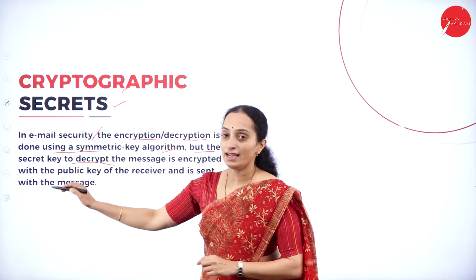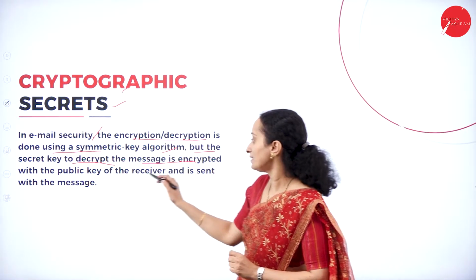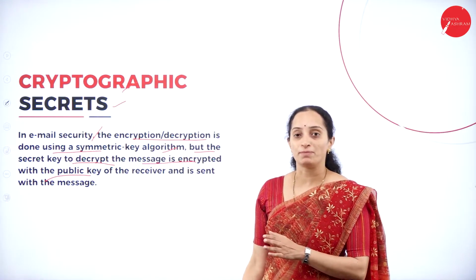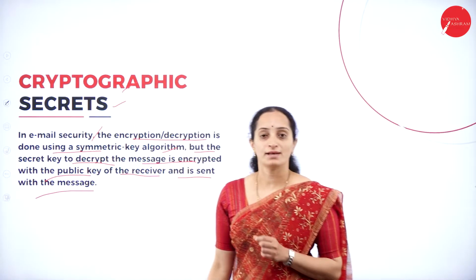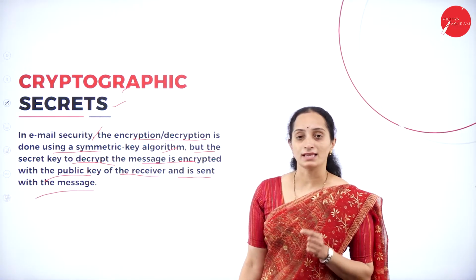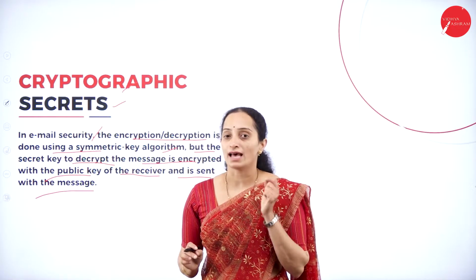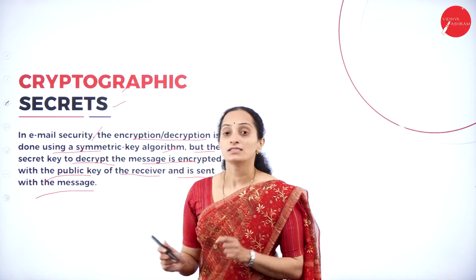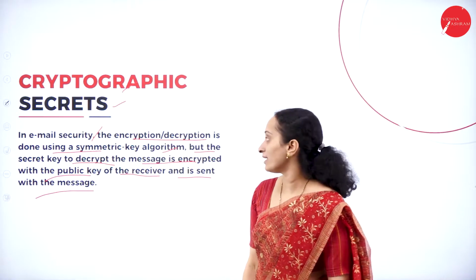But the secret key needed to decrypt the message is encrypted with the public key of the receiver and is sent with the message. That means the receiver uses asymmetric key cryptography, whereas the sender uses symmetric key cryptography. Both methods are used to secure the data in the application layer.